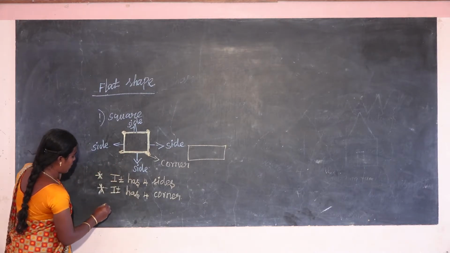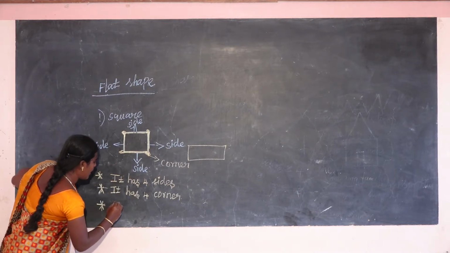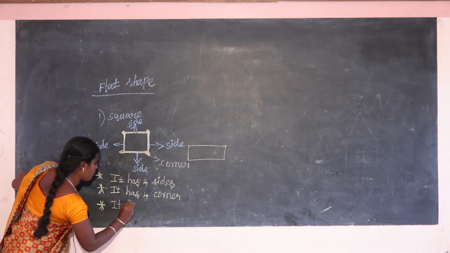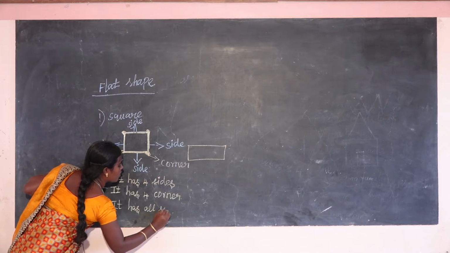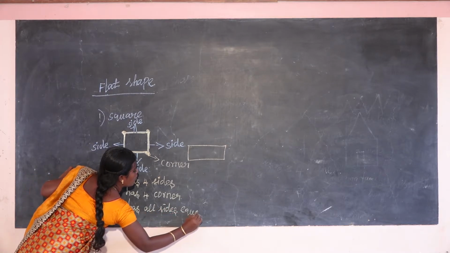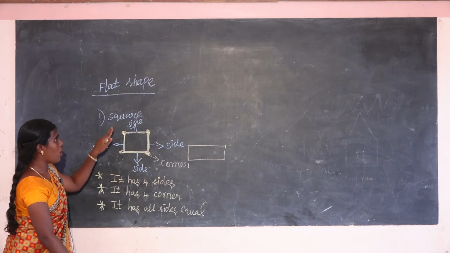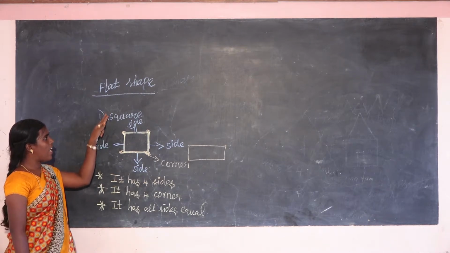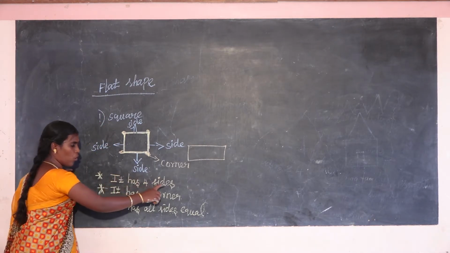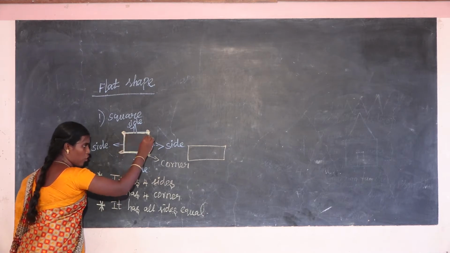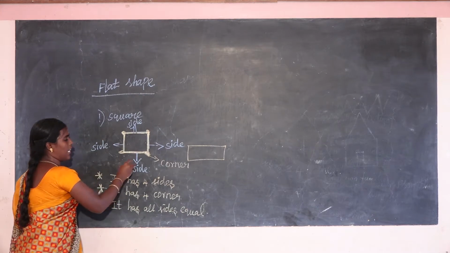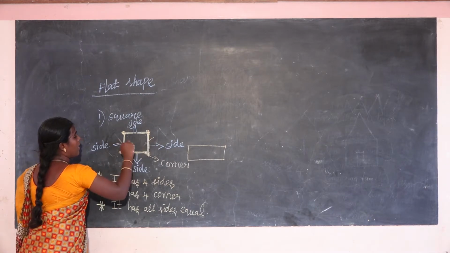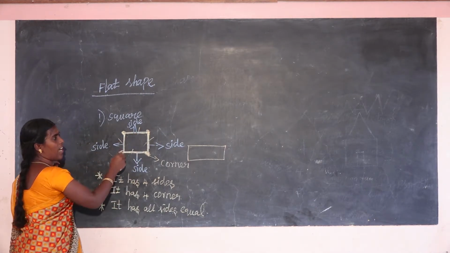So the next important point is that it has all sides equal. What are the features of a square? It has 4 sides, then 4 corners, then all sides are equal. The 4 sides are equal.